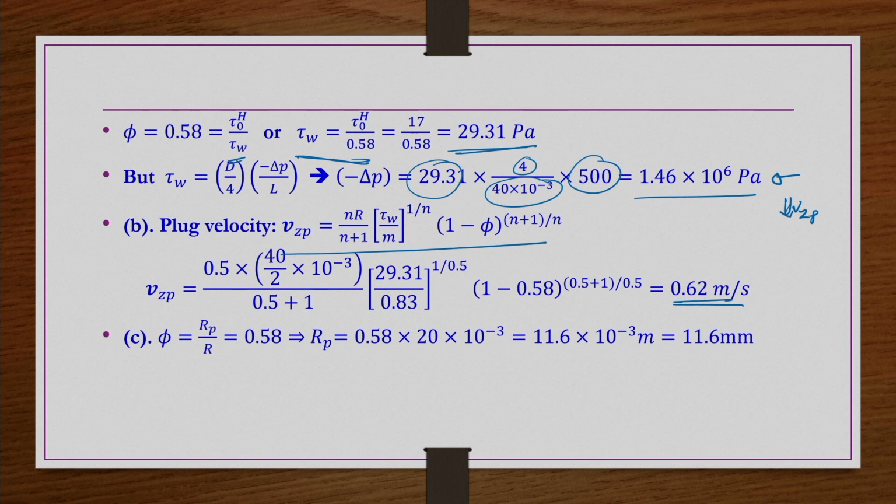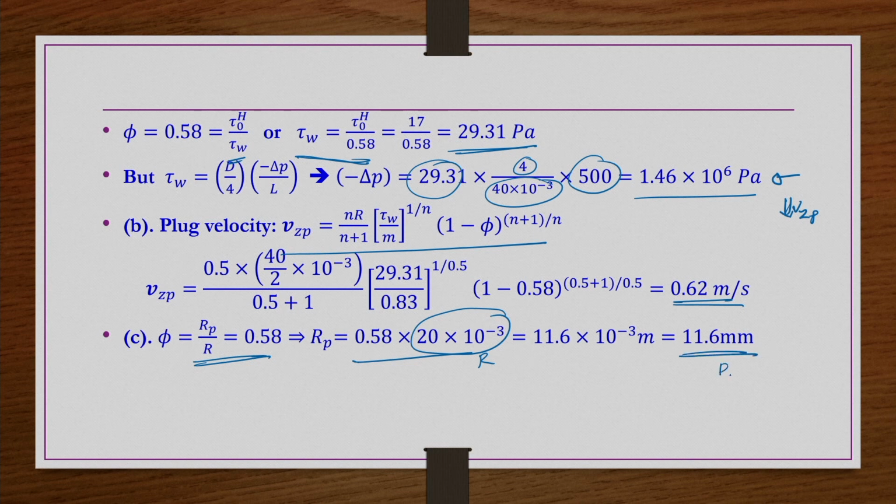Last part of the problem, we have to find out Rp. So, phi is equal to Rp by R, which we got as 0.58. So, that means Rp is equal to 0.58 multiplied by 20 multiplied by 10 power minus 3, which is nothing but R value actually. So, you get 11.6 mm.